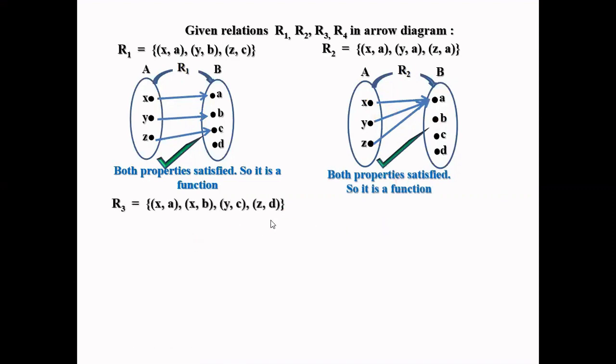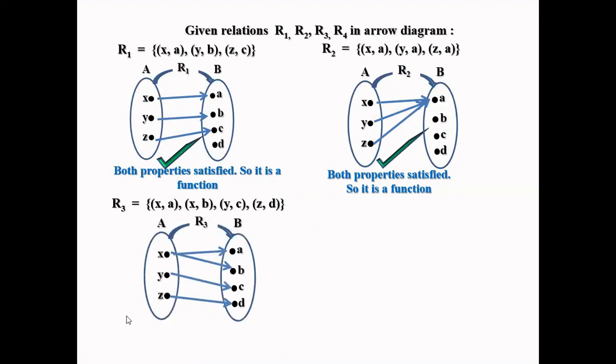Third relation, R3. The ordered pairs are (x, a), (x, b), (y, c) and (z, d). The arrow diagram is here. In this one, each element of set A is associated to an element of set B. The first property is satisfied.